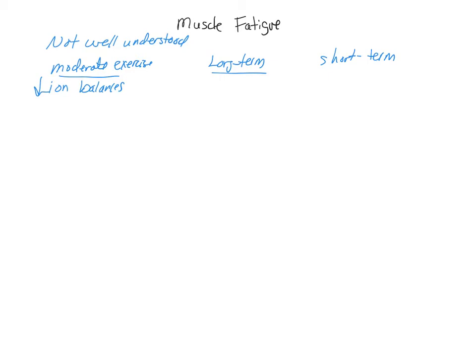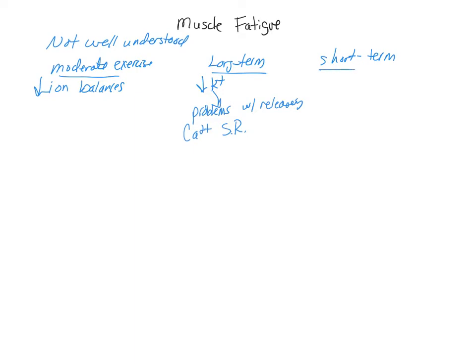Whereas with long term, the research is showing that it seems to be more of a loss of potassium. So it's lost from inside the cell and it starts to accumulate outside the cell. Without the potassium, then you have problems with releasing the calcium from the sarcoplasmic reticulum. We really haven't gone over that role so much, so you're just gonna have to believe me.